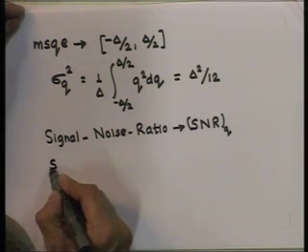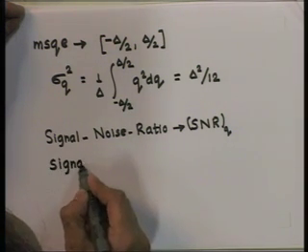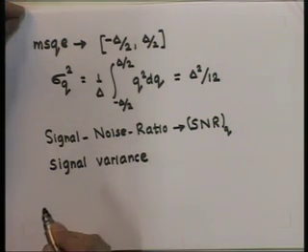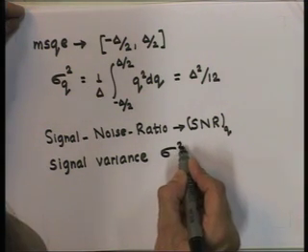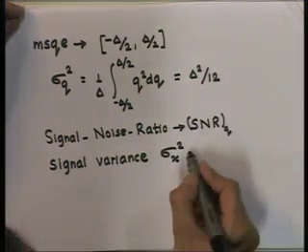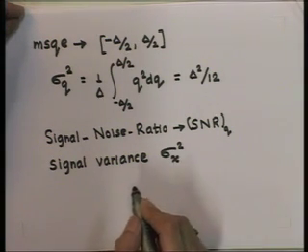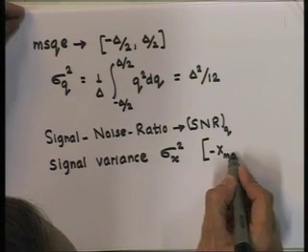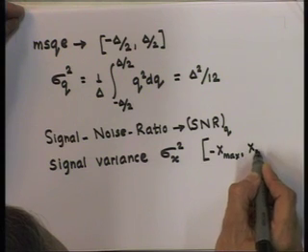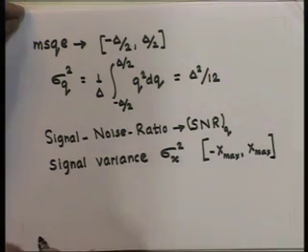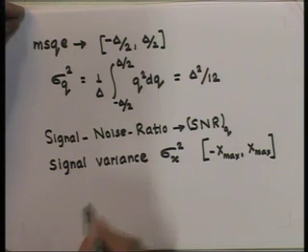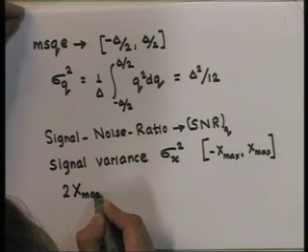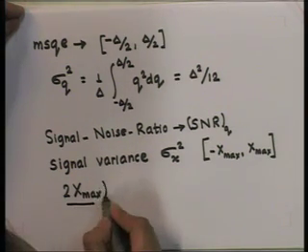Now, the signal variance, that is sigma squared x for a uniform random variable x, which takes on values in the interval minus x max to plus x max, can be shown to equal x max squared upon 3.